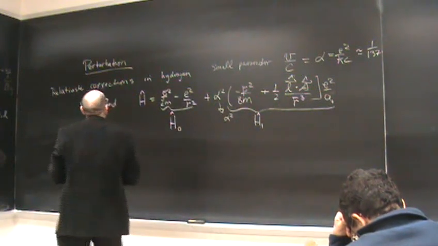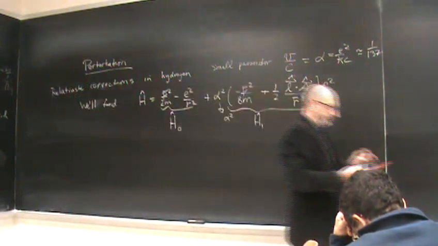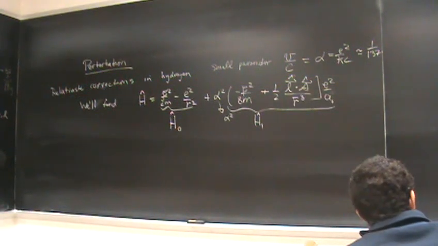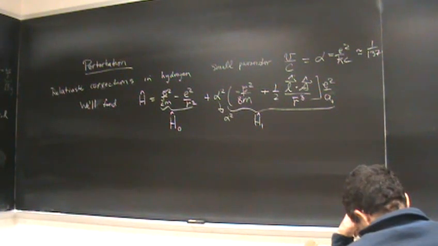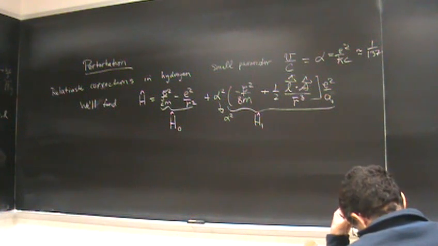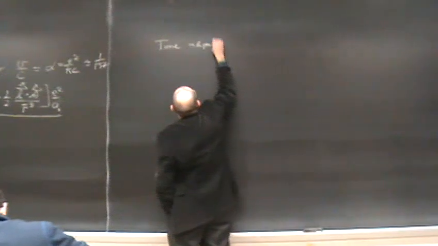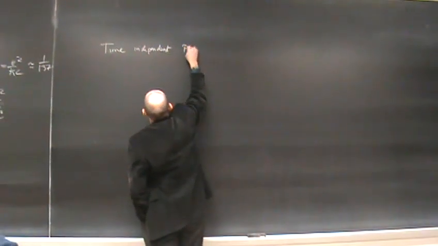So what we want to do now is look at how we can approximately solve the Schrödinger equation in situations like this. All right? So what we're talking about now is what's called time-independent perturbation theory.